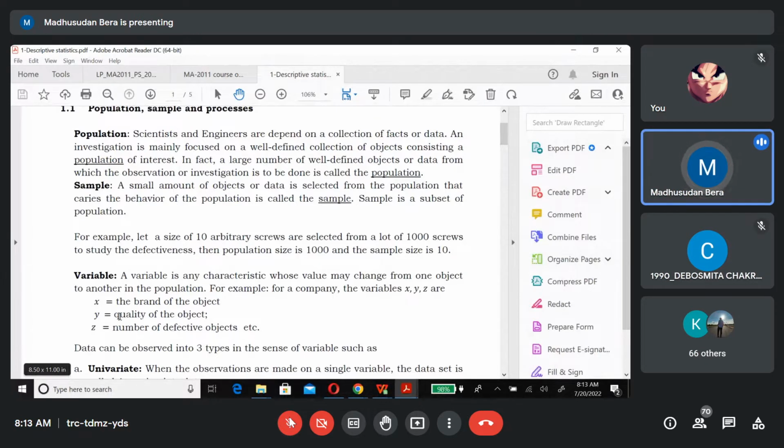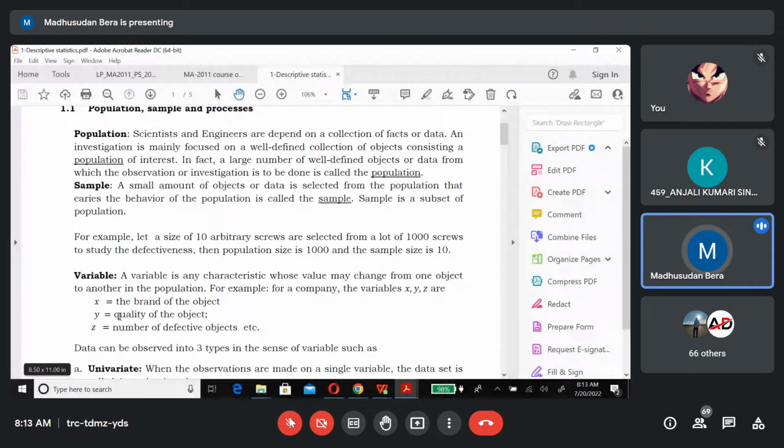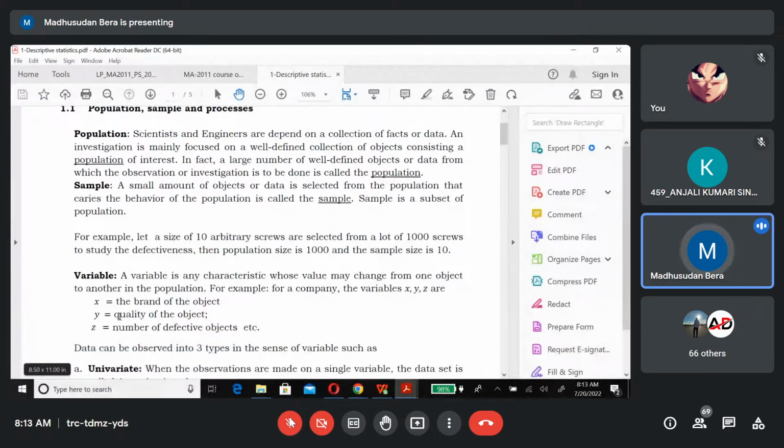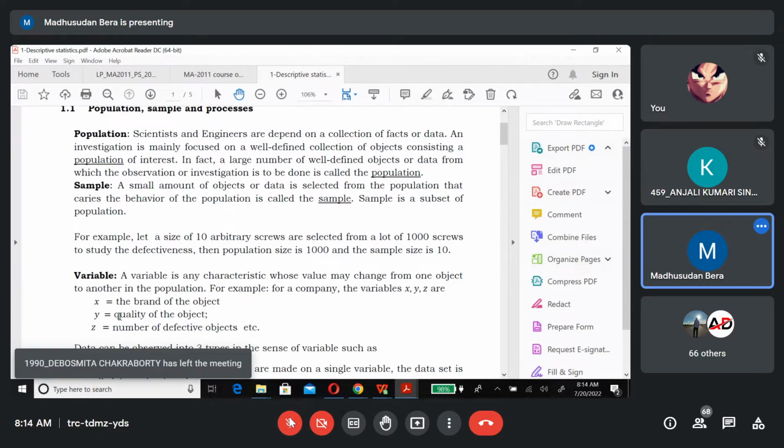Here height, weight, sometimes we can include height, weight, age. So many variables we can take. Now depending on the number of observations, data is divided into two categories: univariate and multivariate.